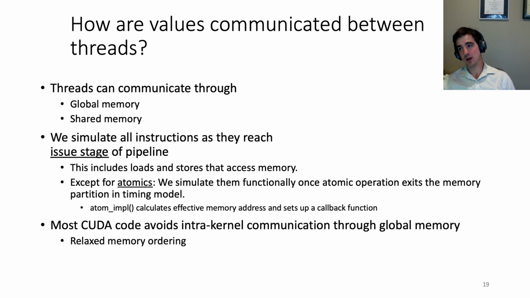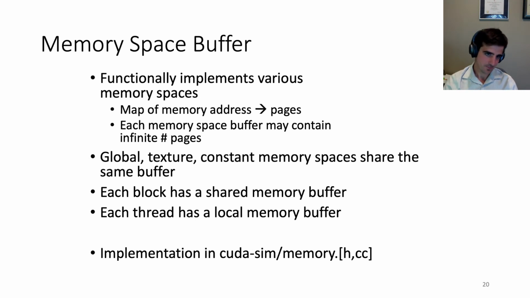So you'll see programs launch multiple kernels because you can guarantee that once one kernel finishes and the next kernel starts, you will see all the results from the previous kernel if those 2 kernels are in the same stream. So if they rely on this type of ordering, then typically the programs will be composed of multiple kernel launches where the communication is assumed to be ordered in between the kernels.